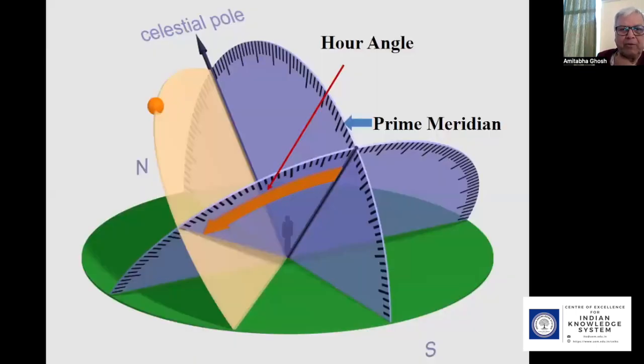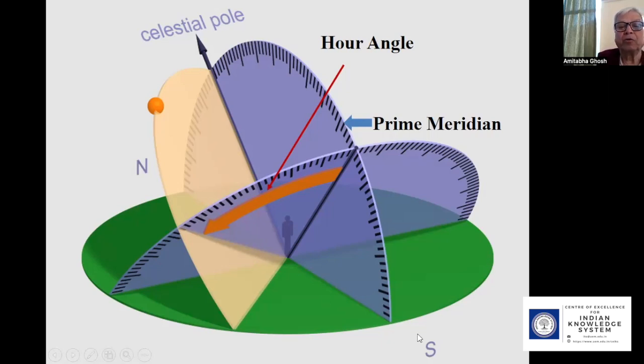So now I think another point which I have to discuss, I didn't mention in the previous class when we were discussing the horizon system. Anyhow, now you see this is the horizontal plane. This is the north point.